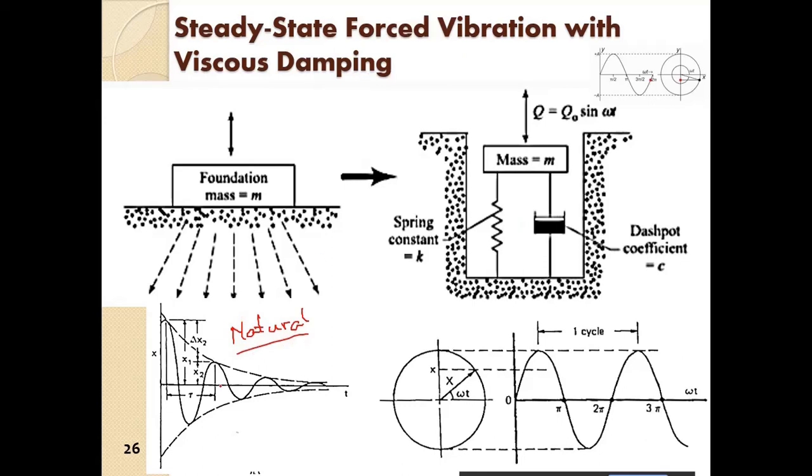Ultimately it will die out, and what it will be subjected to is the motion which is applied. Since this is an applied vibration, it will continue to be in motion with time, but the natural vibrations in the foundation system will ultimately die out and damp out, due to natural damping of the soil system.